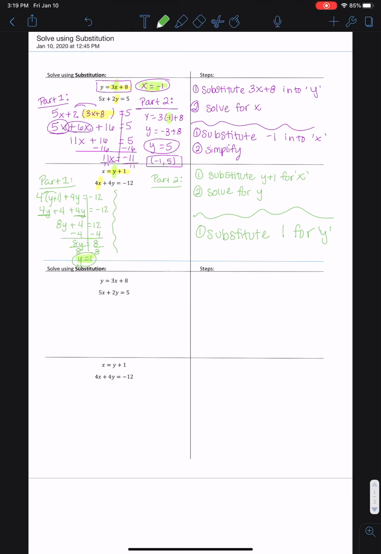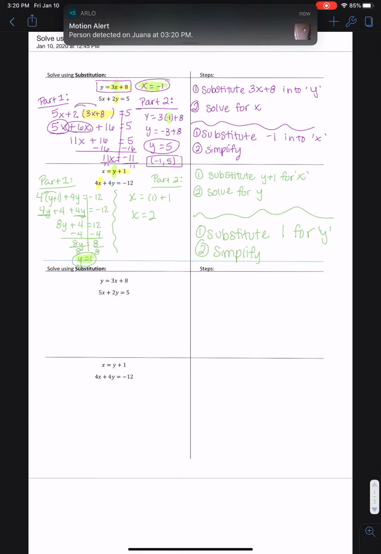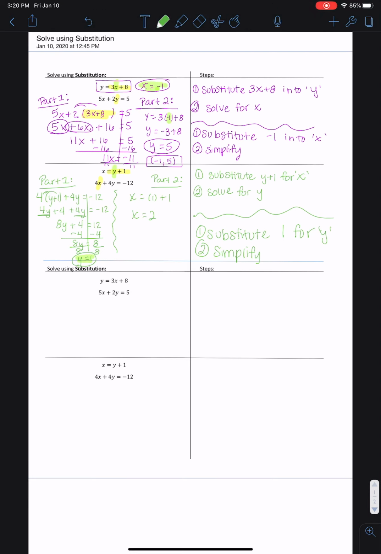So I have x equals, instead of y, I have 1 plus 1. Now, simplify. 1 plus 1 is 2, so x equals 2. Okay, so my answer happens when y equals 1 and x equals 2. So you can leave your answer that way, or you can write your answer as ordered pair 2, 1. X is 2, y is 1.